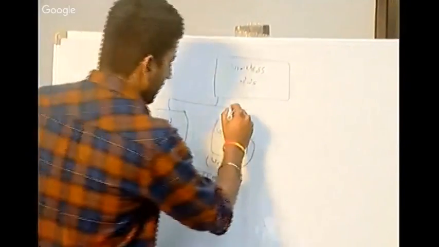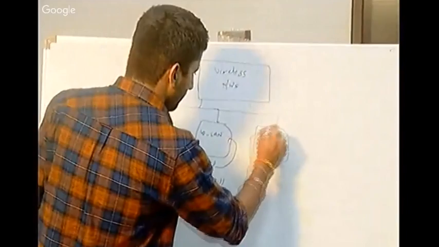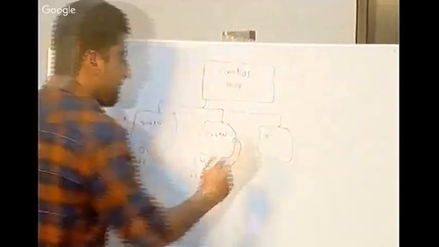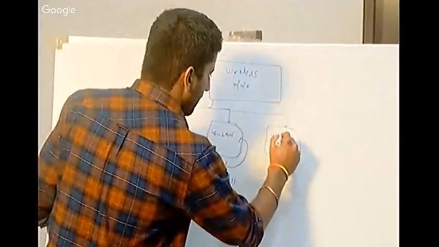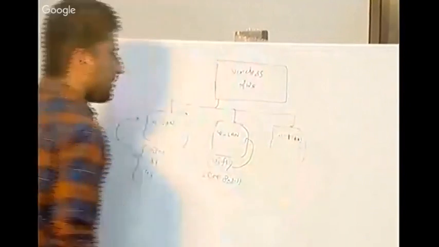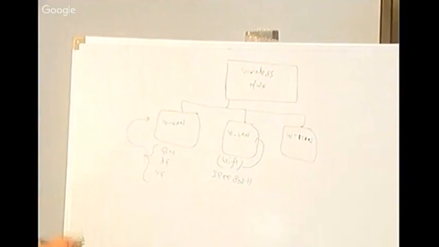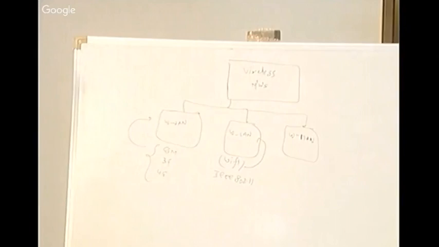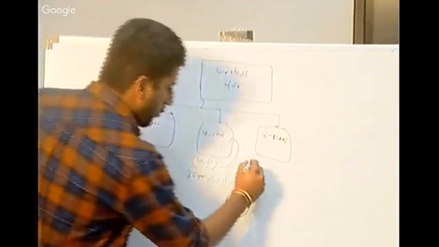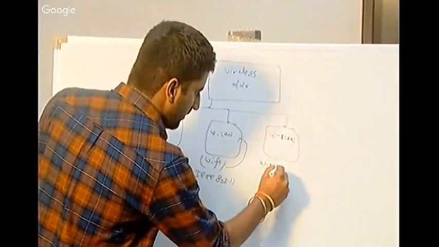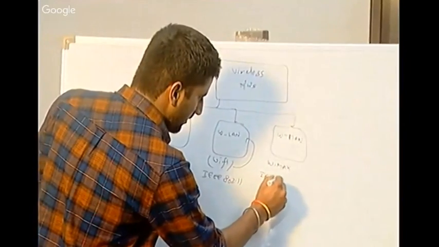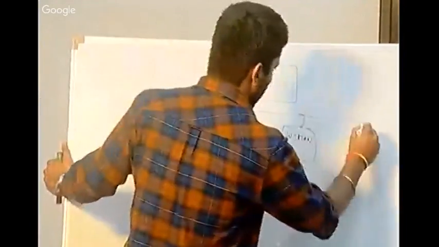And the third is WMAN, that is wireless metropolitan area network. You are talking about a city, a 10-kilometer range. Here WiMAX comes under this category, with the IEEE standard 802.16.